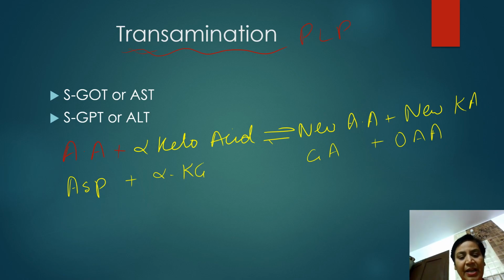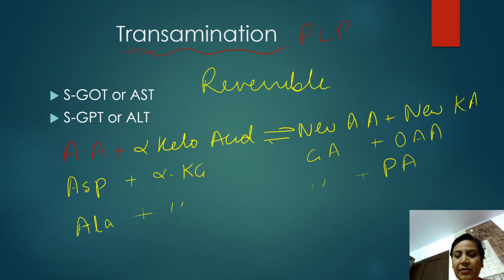Second is GPT or ALT. The amino acid is alanine, the most potent glucogenic amino acid. Keto acid is the same, new amino acid is the same, and the new keto acid is pyruvic acid. So this is what transamination is, which is a reversible process which requires PLP for its function.